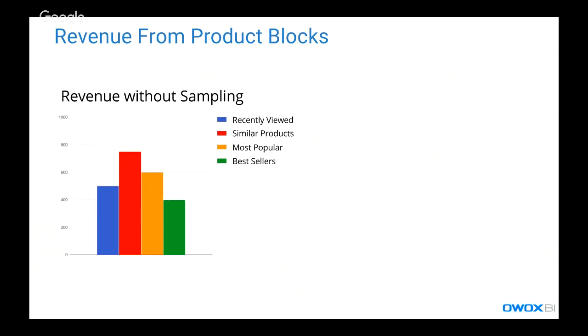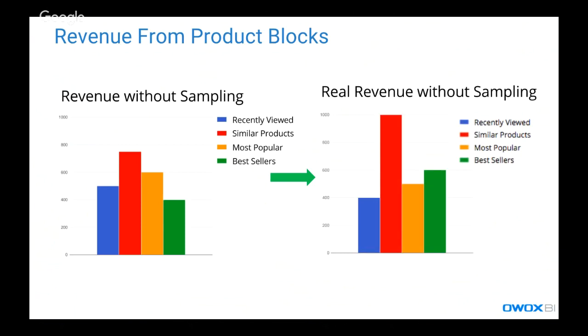For instance, on your website, you have bestsellers, most popular, similar, and recently viewed products, and you evaluate the revenue generated through interaction with these blocks. With sample data, it might look better or worse than it is in the real world.